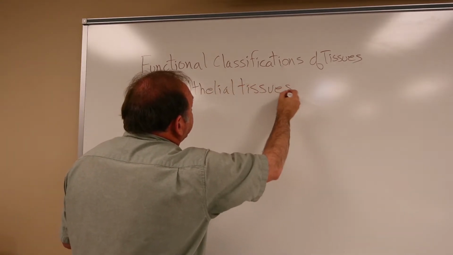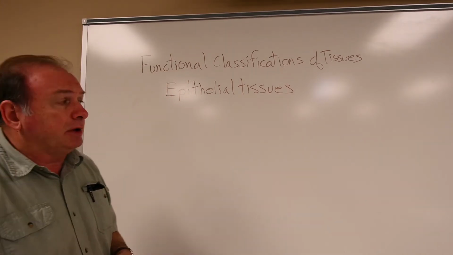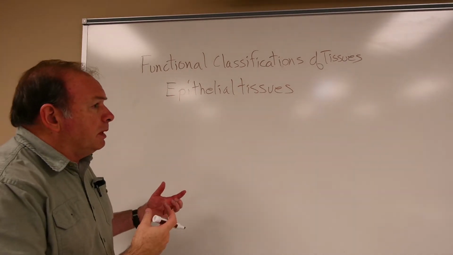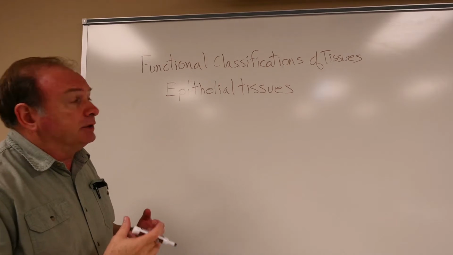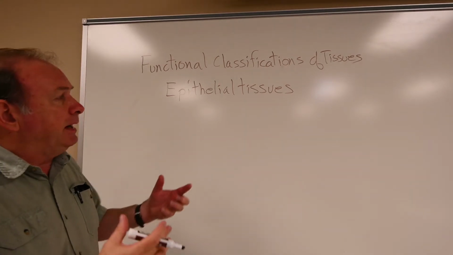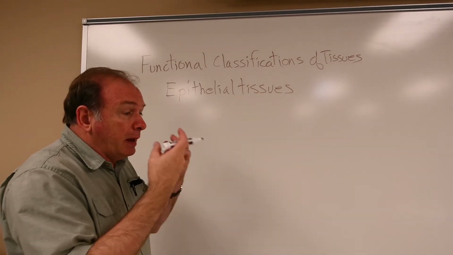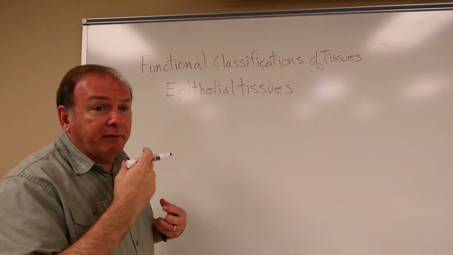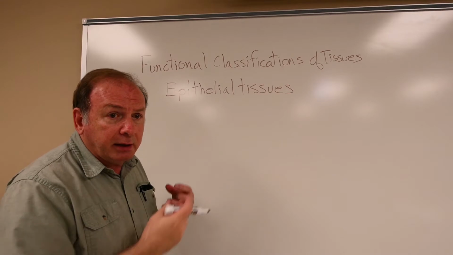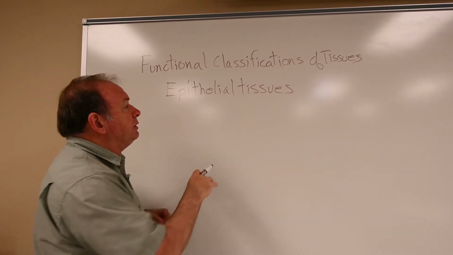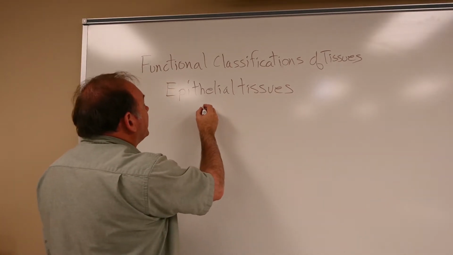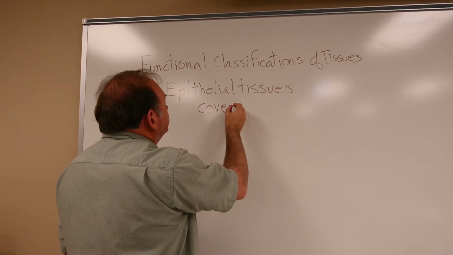When we think of epithelium, we think of our skin first off. So we know that's a kind of covering. So in a definition of epithelium, we would talk about coverings and linings. They would line your oral cavity, your nasal cavity, and all through your gut, inside of your blood vessels, and all those things. So it forms coverings and linings.